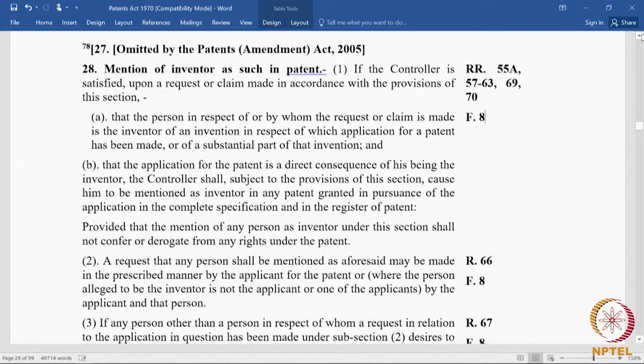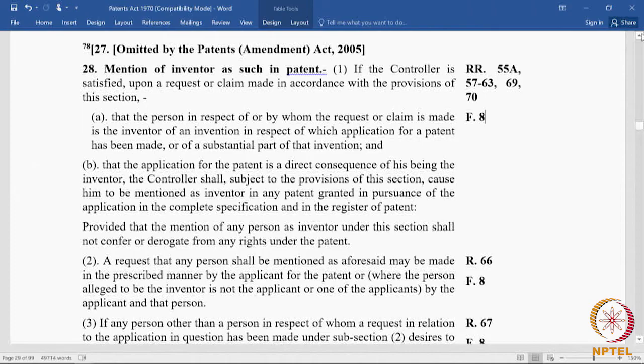Section 28(1) states that if the controller is satisfied upon a request or claim made in accordance with the provisions of this section. So, there is a claim or a request made to the controller. A. That the person in respect of or by whom the request or claim is made is the inventor of an invention in respect of which the application for a patent has been made or a substantial part of that invention.